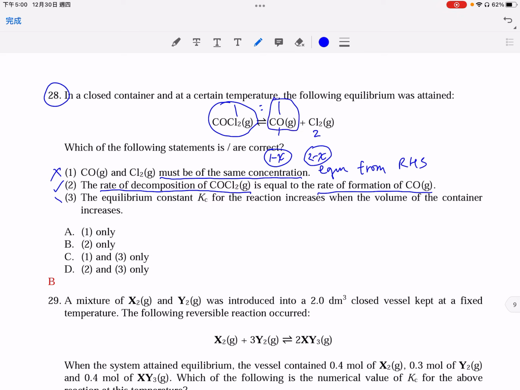Kc increases when the volume of the container increases. This is of course incorrect. Kc, the concept is that Kc depends on temperature only. So make sure you know that this is the concept behind. So the answer is B.